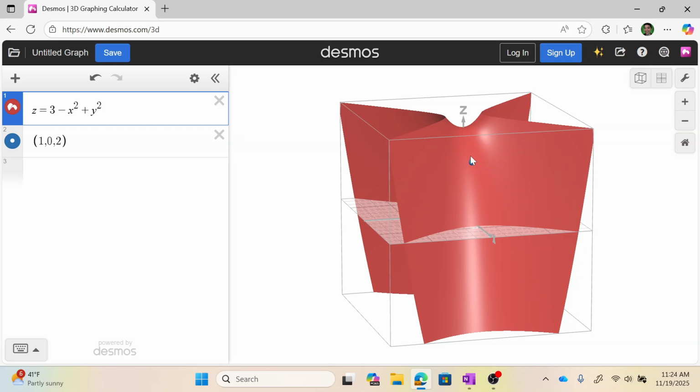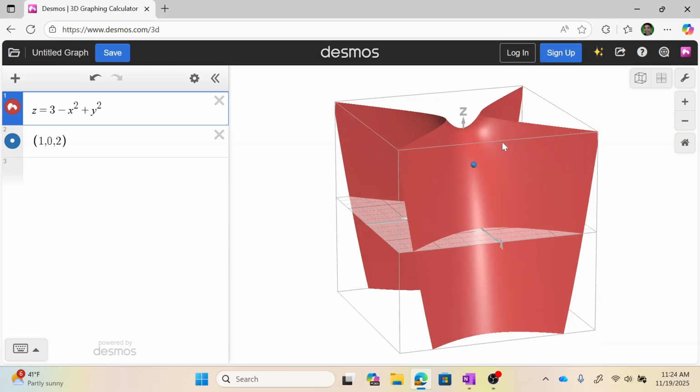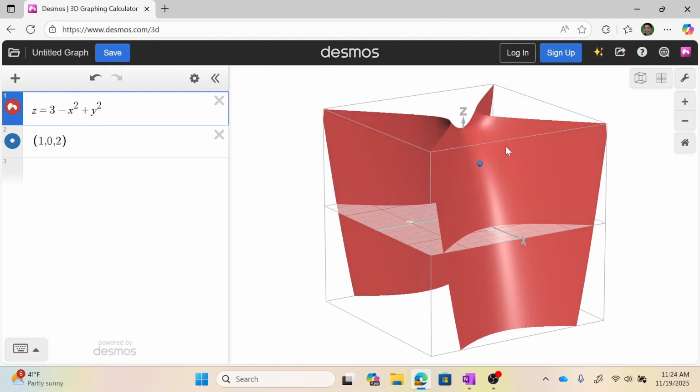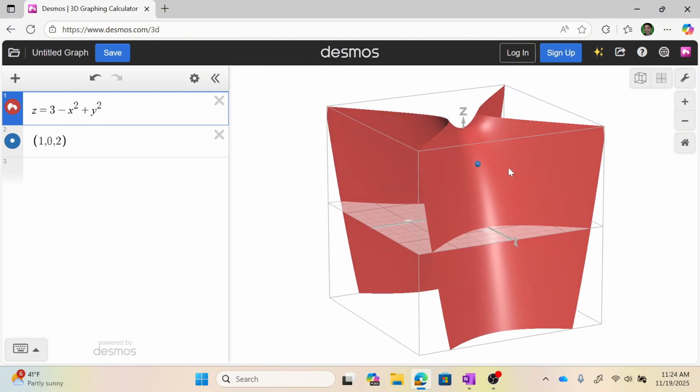So if I start at this point and move slightly in the positive y direction, then I find myself following the surface upward, and those points are getting larger and larger z values as I move in the direction of positive y. So as a result, I would conclude that f sub y is positive at this location because increasing y a little bit resulted in an increased z value.